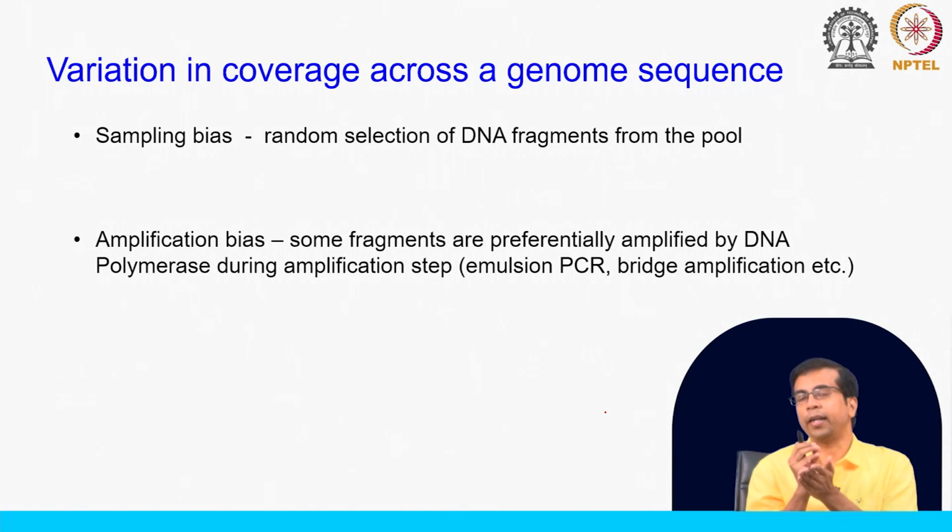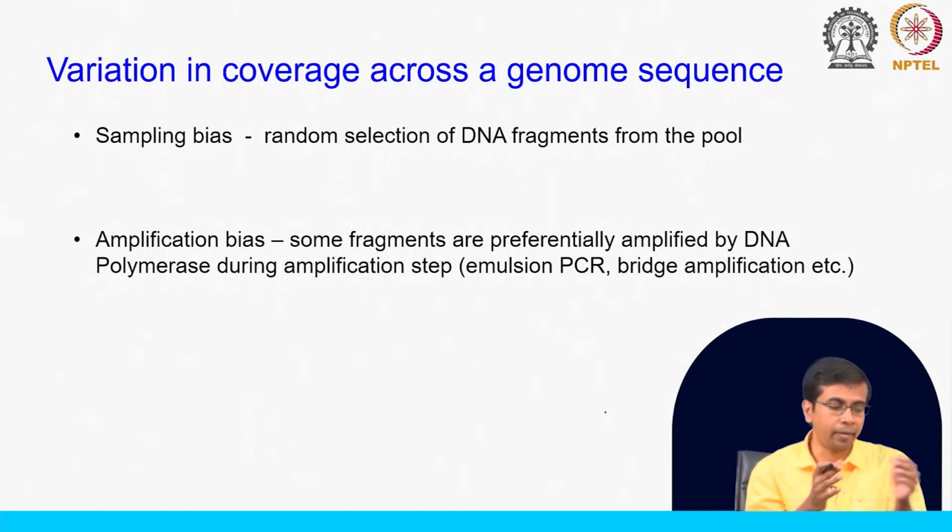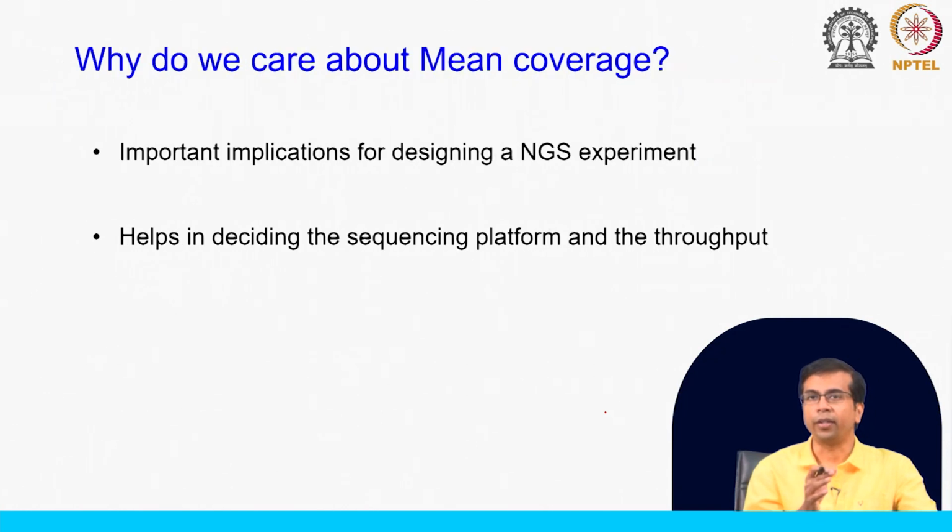It can preferentially amplify specific DNA molecules, and this happens because of a lot of factors, but one of them is the GC content. There is an optimal GC content at which there is very good amplification, and there could be mismatches, which will reduce amplification, etc. So, there is a lot of amplification bias that will happen during this library preparation step. And this is something that will again generate this variation in the coverage.